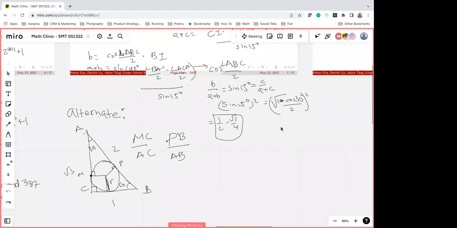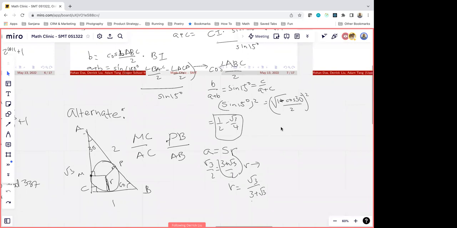And now all that remains is to find R, or the radius of the incircle. And we know that the area of the triangle is equal to the semi-perimeter of the triangle times R. So in this case, √3 over 2 is equal to (3 plus √3) over 2 times R, or R is equal to √3 over (3 plus √3).